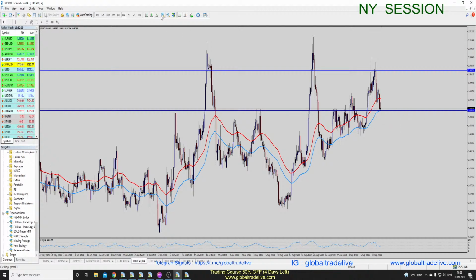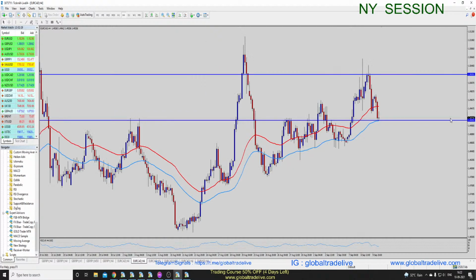Perfect. So if it crosses below the 1.49201 level, then I think it can go down to this area.